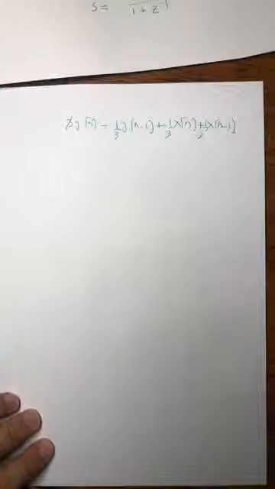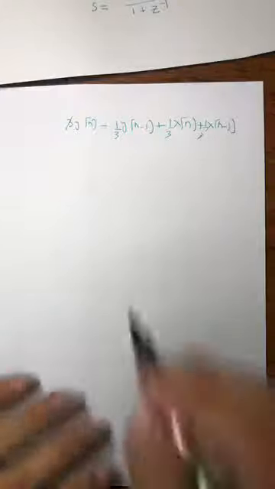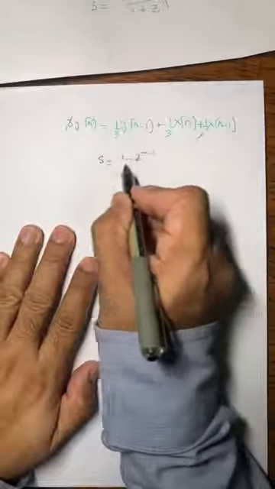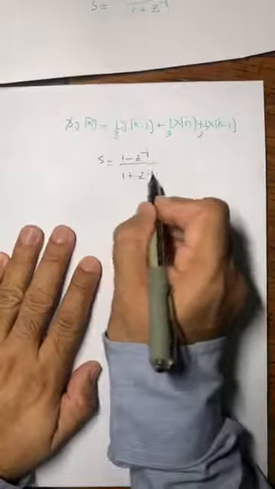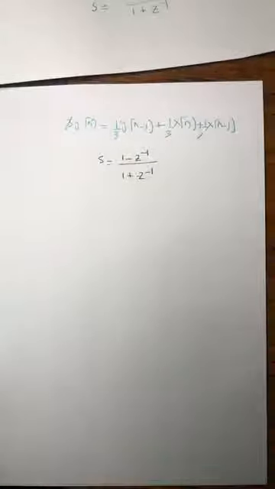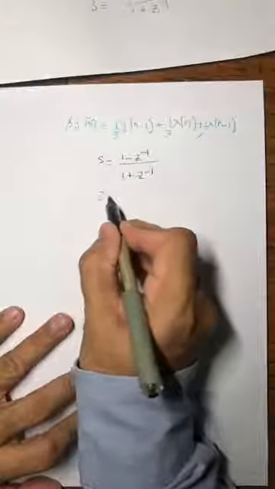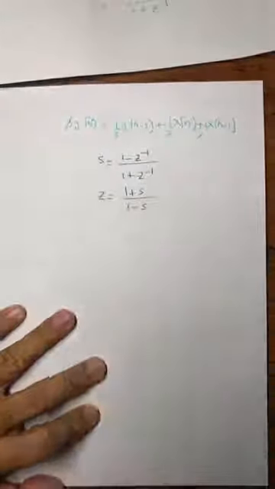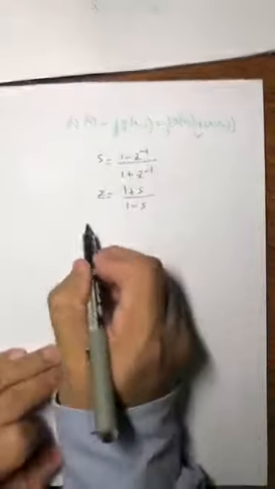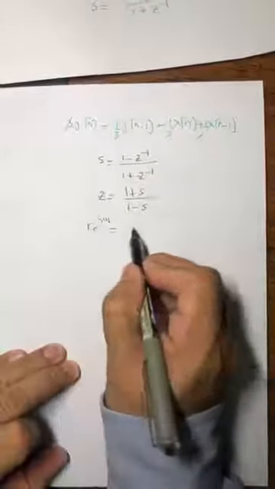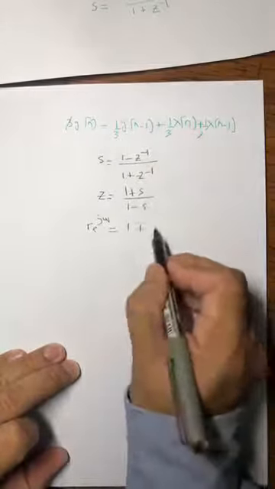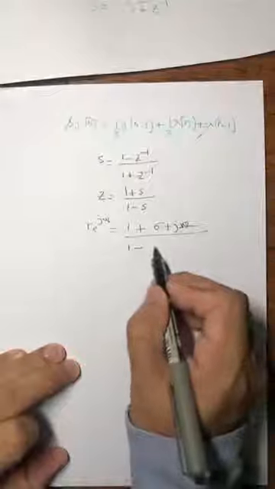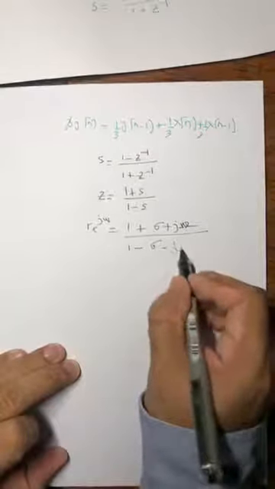The second thing, which is also very trivial to prove, is that s is (1 minus z inverse) over (1 plus z inverse). If you do some mathematical manipulation, you will figure out z. Now if you convert z into r e^(j omega), with s equal to sigma plus j capital omega, this is (1 plus sigma plus j omega) over (1 minus sigma minus j omega).